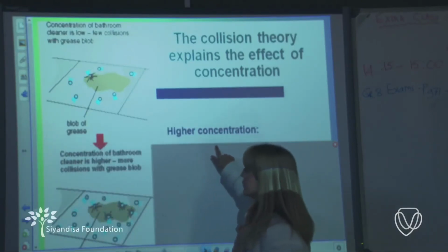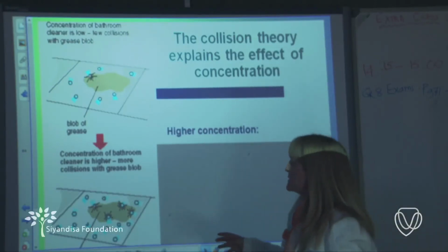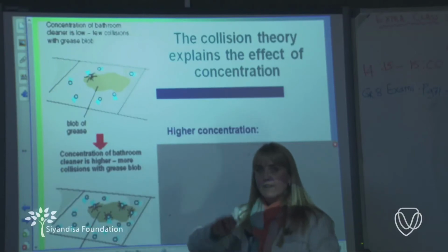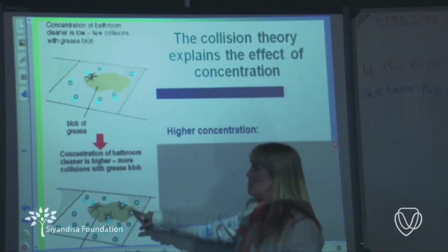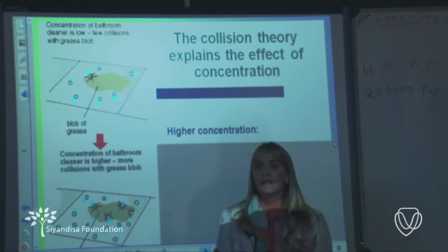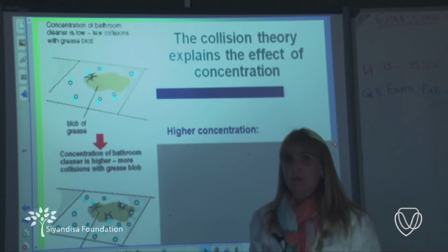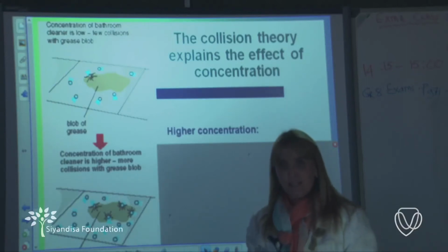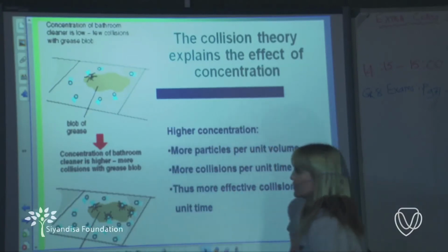However, if I use a more concentrated cleaner, that means that there are more active ingredient particles in the same volume. If there are more particles, it means that there are more collisions per unit time. If there are more collisions per unit time, it means that there are more effective collisions, and therefore we increase the rate of the chemical reaction.